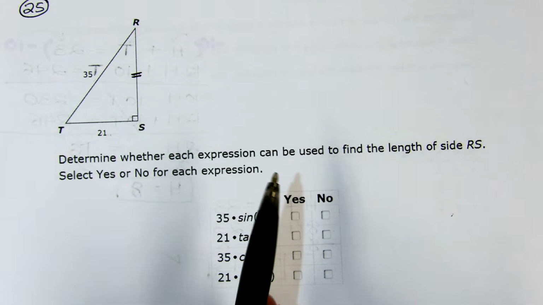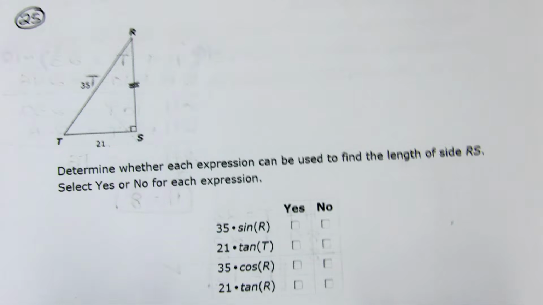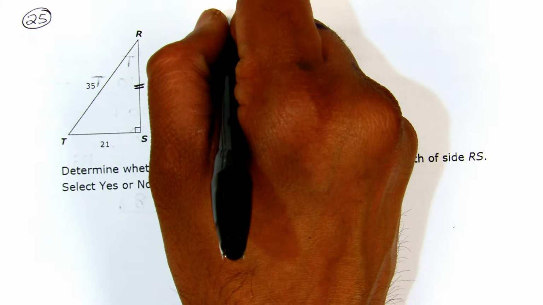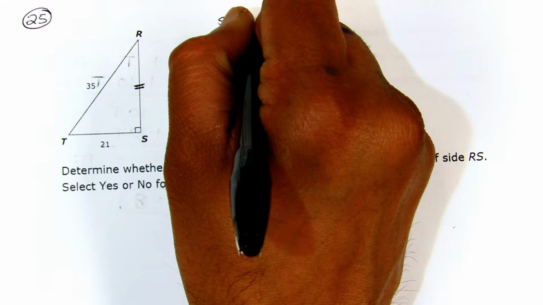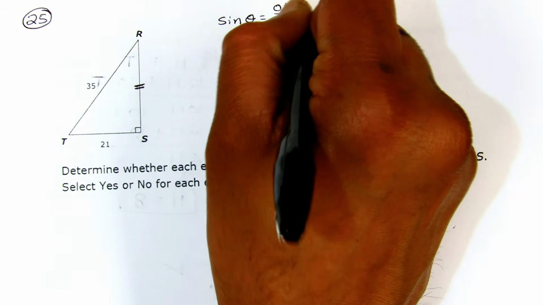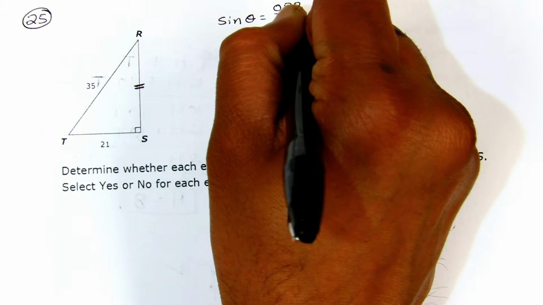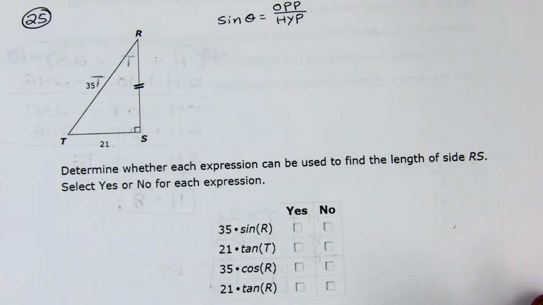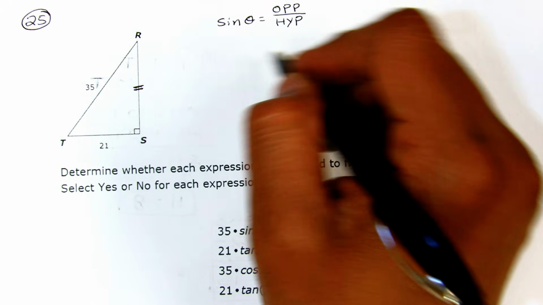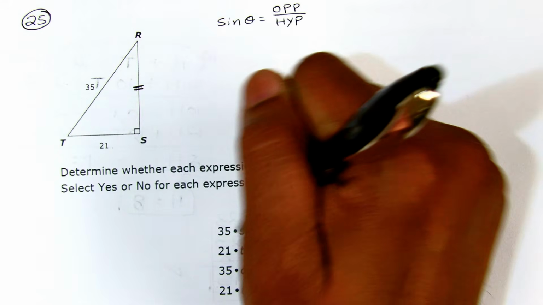Let's think about it. The definition of sine is opposite over hypotenuse. So sine of any angle is a ratio of the opposite side divided by the hypotenuse. If I use this function, do I get a valid statement?